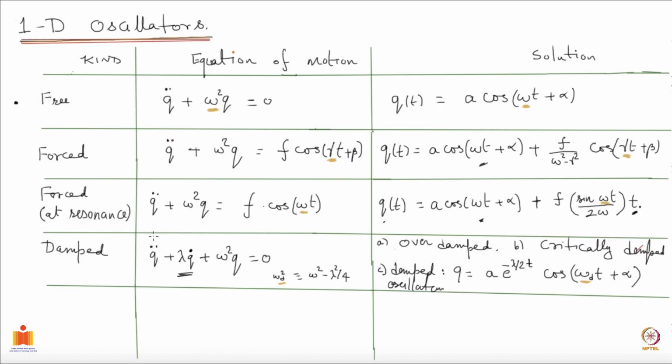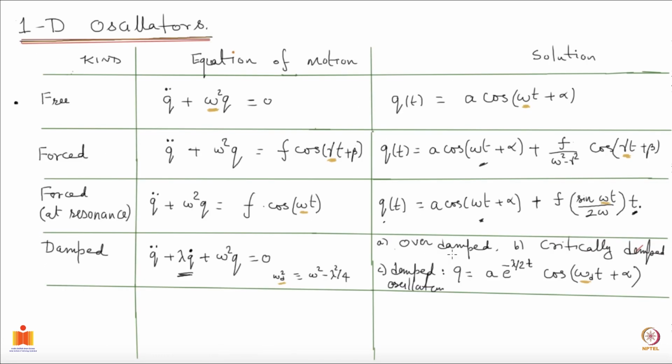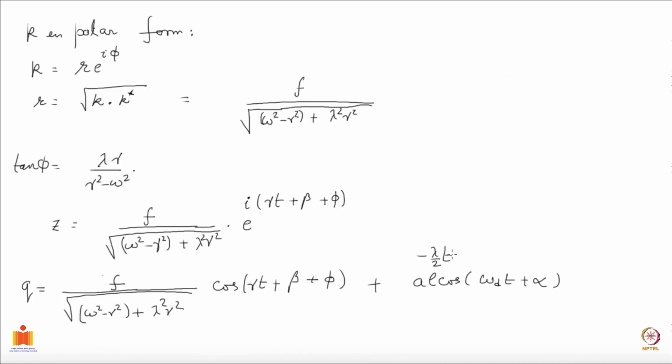So damped case: a e to the minus lambda over 2 t cos of omega d t plus some phase alpha. Let's check. Correct.